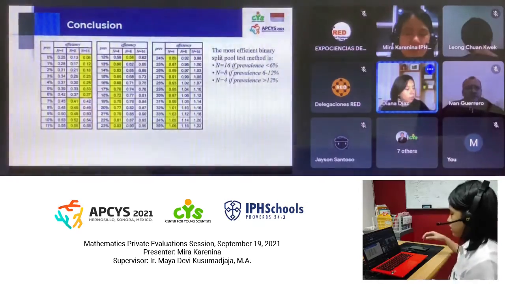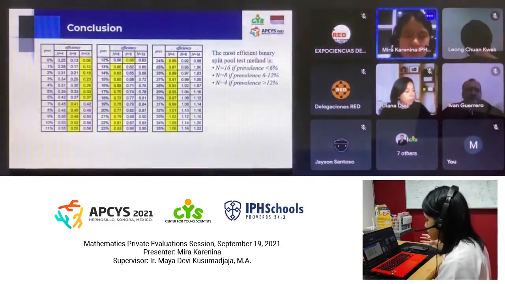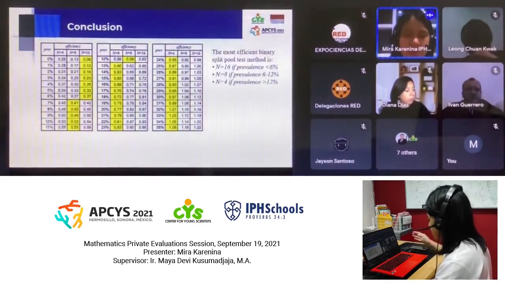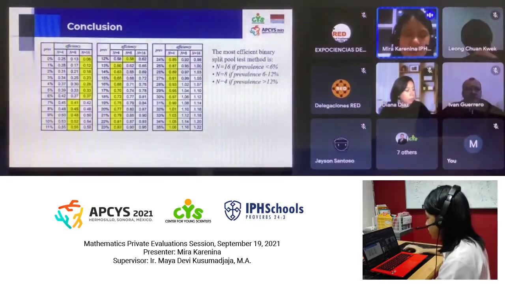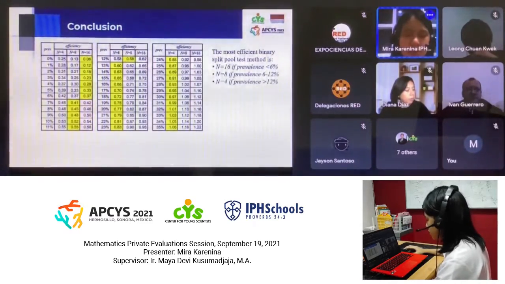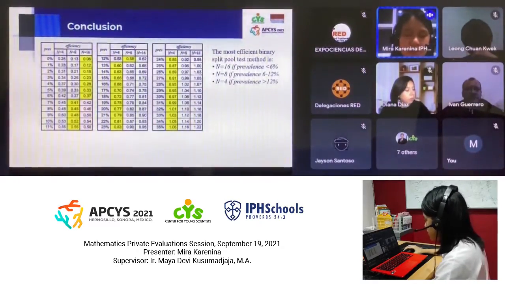Okay, so one way to improve the efficiency is the prevalence rate itself, but we cannot control it. So I think maybe the technique will also affect the efficiency.